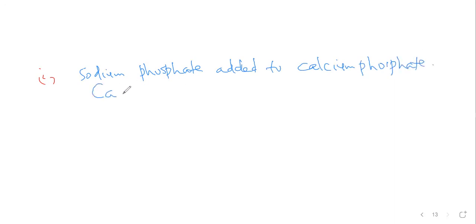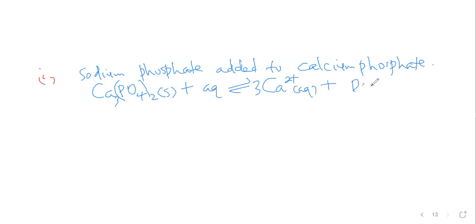Write this equation for calcium phosphate. The phosphate radical has valence 3, calcium has valence 2. It's a solid plus aqueous gives me calcium ions, which are 3 of them, and phosphate ions, tri-negatively charged, which are 2 of them.